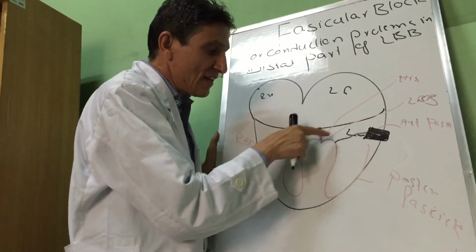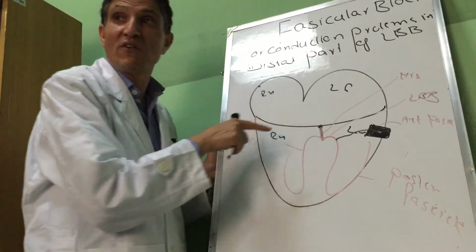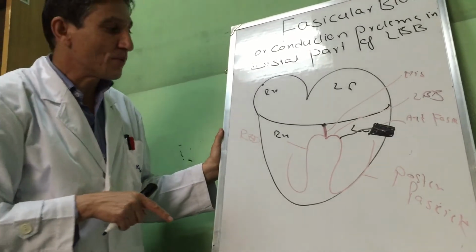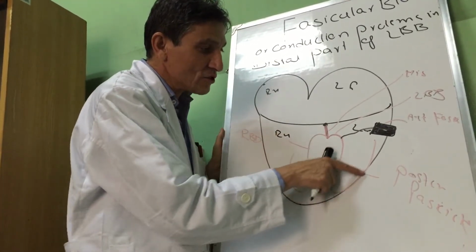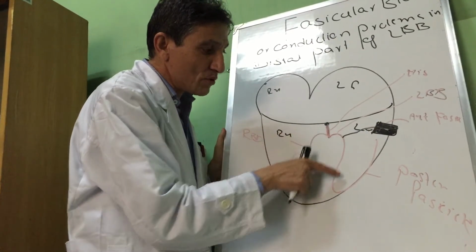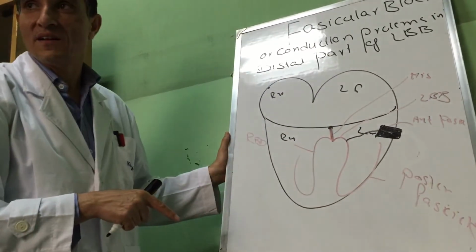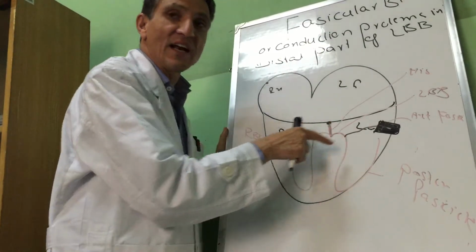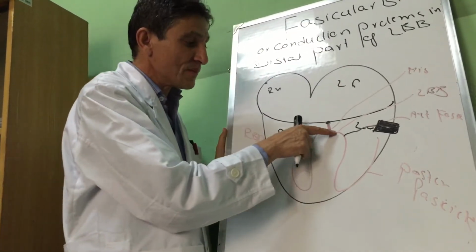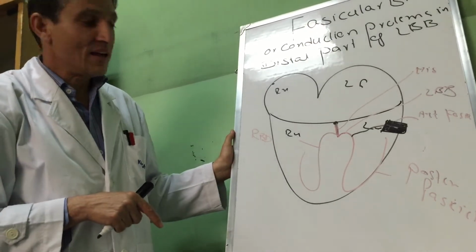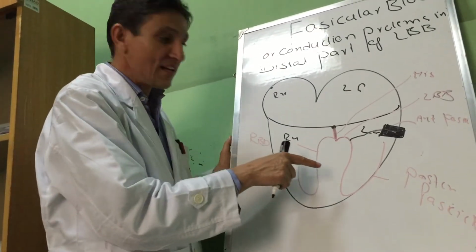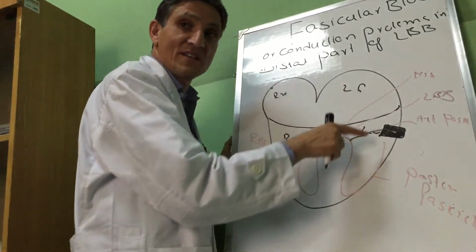If this part of the left bundle branch is blocked, the wave of depolarization has to go through the posterior fascicle, and the left ventricle has to be depolarized by the posterior fascicle, and the axis is rotating upward.